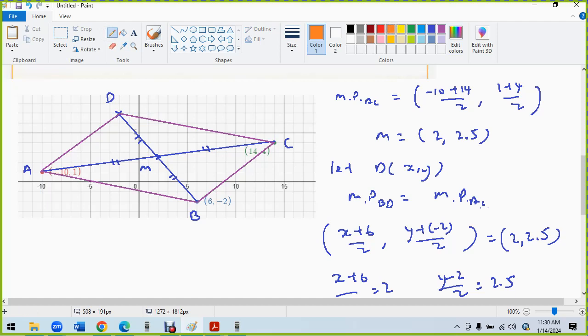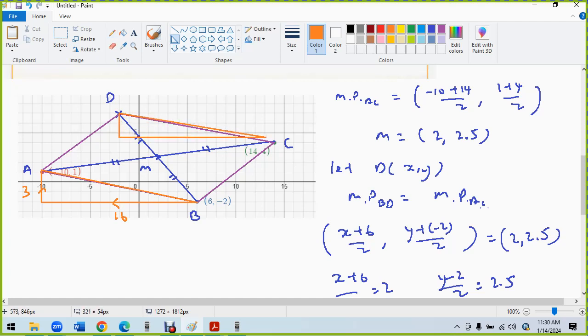To check your answer is correct or not, we can do it this way. So from B to A, what we do is we go backward. So from 6 to 10, we go backward 16, and then we go upward 3.